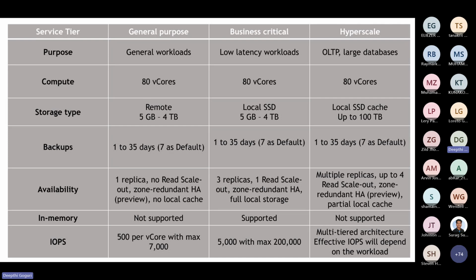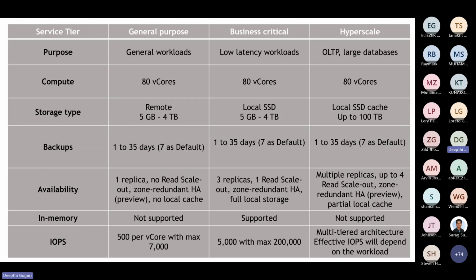Before beginning, I would like to give you an overview. Most of you already know what tiers are available in Azure, but this is a one-stop shop for the maximum capacities that are available in all the different tiers: general purpose, business critical, hyperscale.